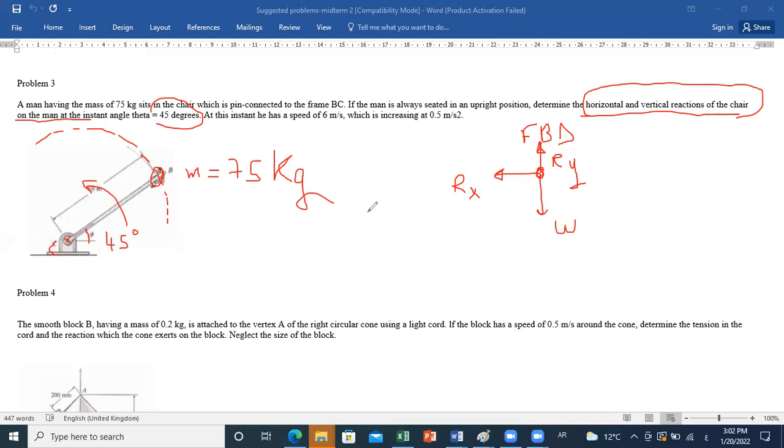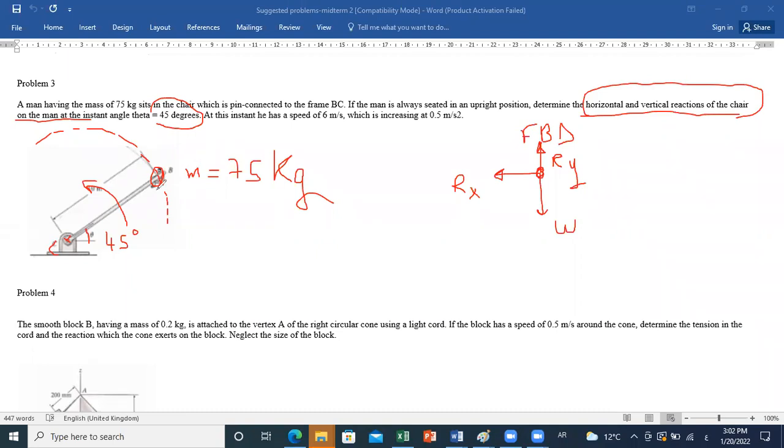Now, is the chair's action always perpendicular to the motion? The chair is not perpendicular to the motion. No. What is happening is that if your system is rotating, the chair will rotate.